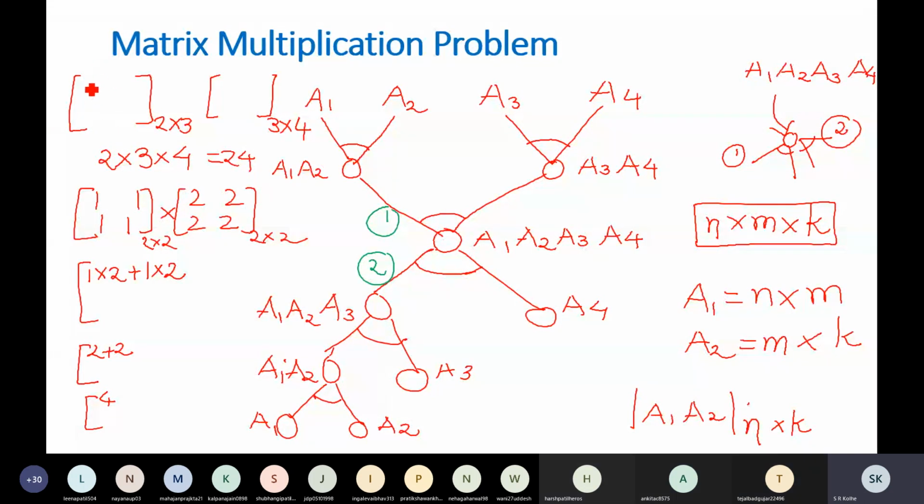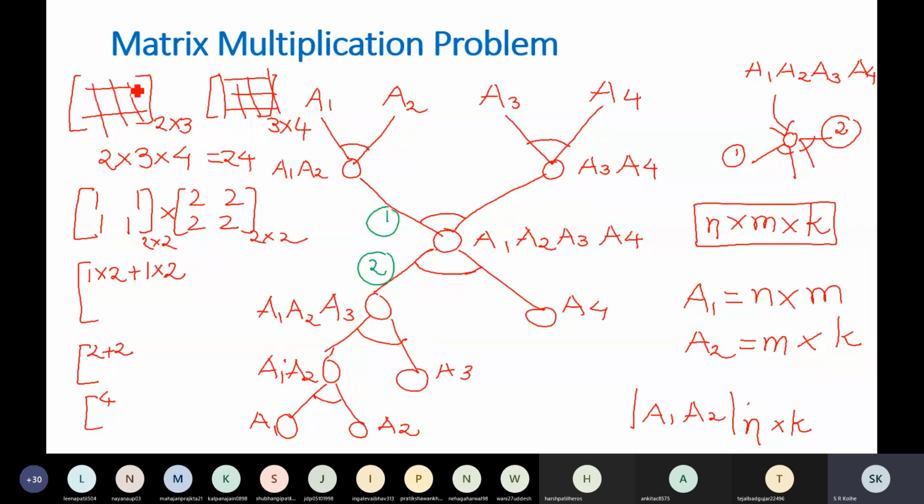Now how many rows are there? Here there are 2 rows and 3 columns. Here there are 3 rows and 4 columns. To get a single element in this multiplication, how many multiplications do we have to perform? This row multiplied by this column.